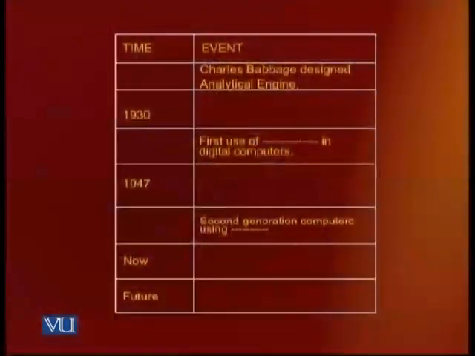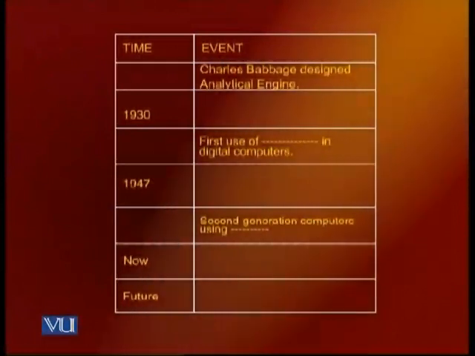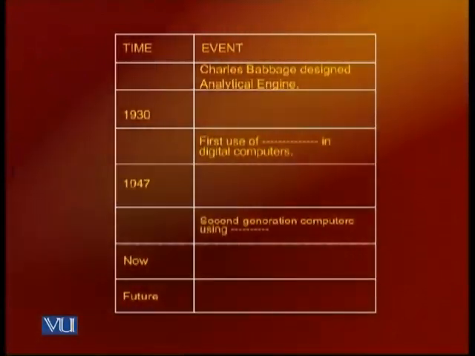You will notice that in table form, you've got the history of how computers were developed from primitive times right up till 1947. If you move further on, you find 1950.